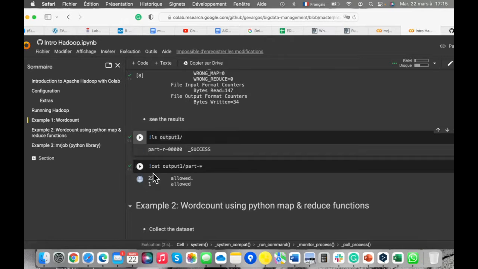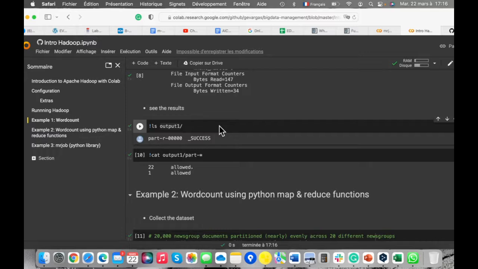And then if we cat the file where it stores the result, we know that there are 22 occurrences of allowed dot and 1 occurrence of the string allowed. Remember that the pattern that we were looking for was allowed dot star.